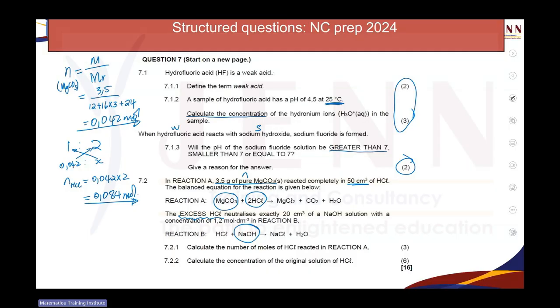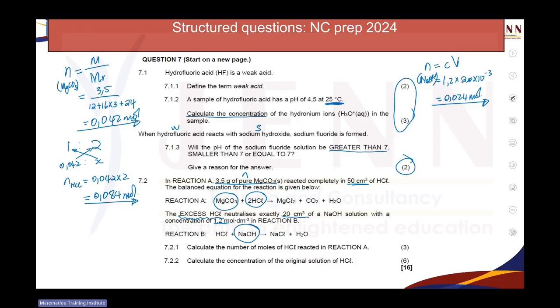For sodium hydroxide, we were told 20 centimeter cubed of solution with a concentration of 1,2 was reacting. So the number of moles of sodium hydroxide will be concentration times volume, which is 1,2 multiplied by 20 times 10 to the power negative 3. And we get 0,024 moles of NaOH.